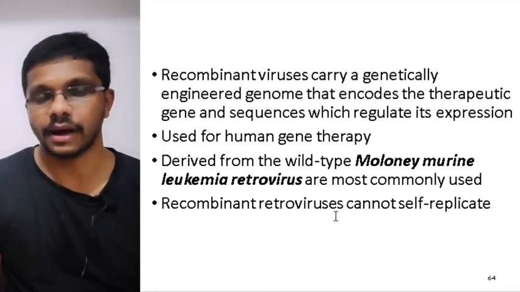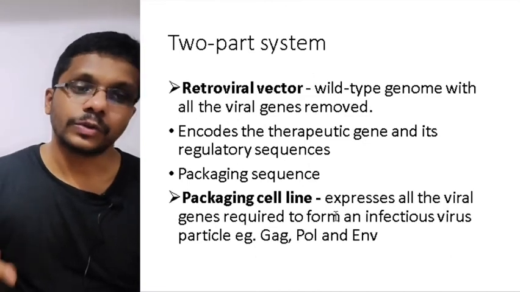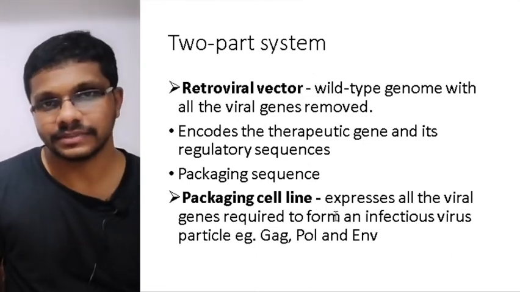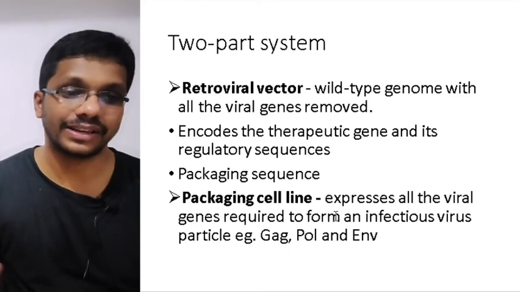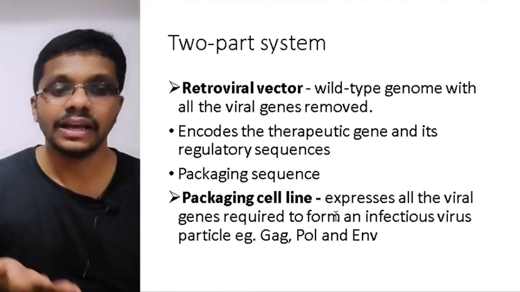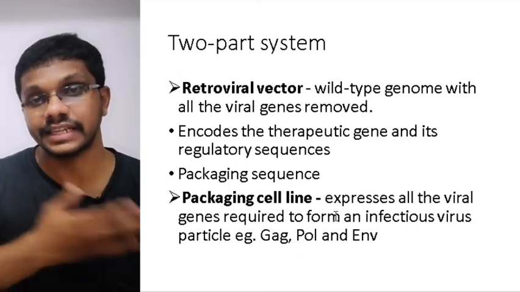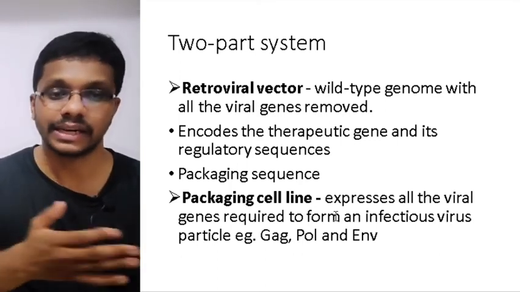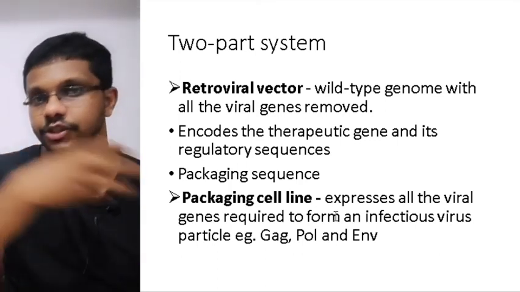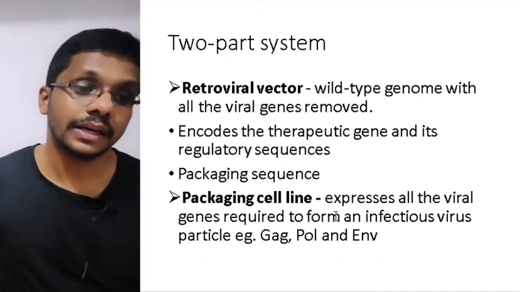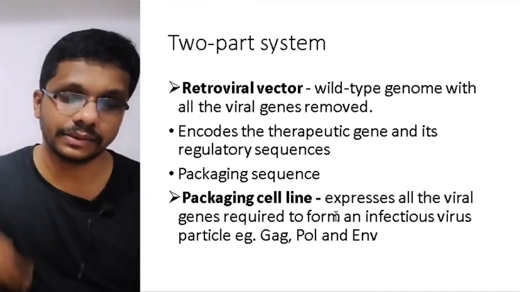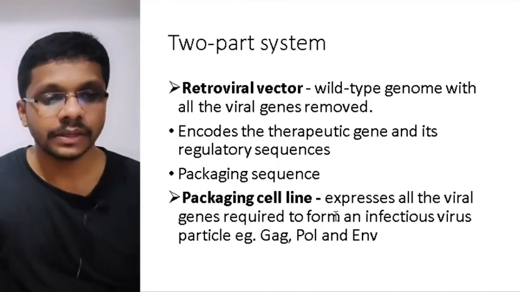It is actually disarmed. So the retrovirus is a two-part system, just like other viral systems. It has a retroviral vector and a packaging cell line. The retroviral vector can infect any type of cell. It is derived from the wild type, but foreign DNA is inserted into the genome.